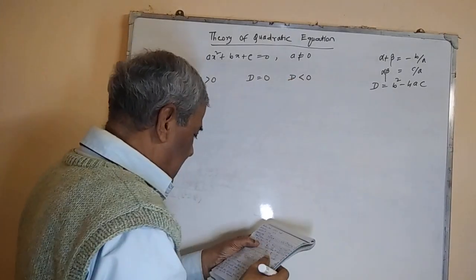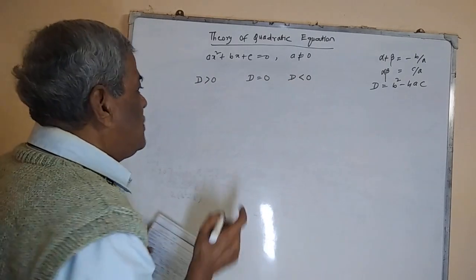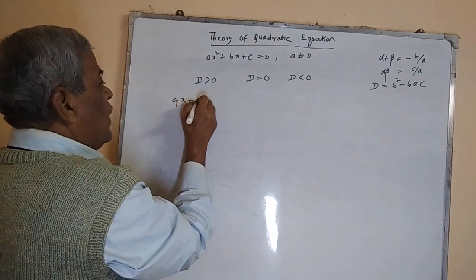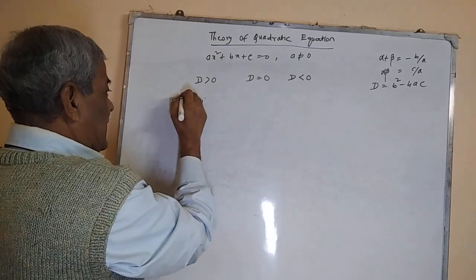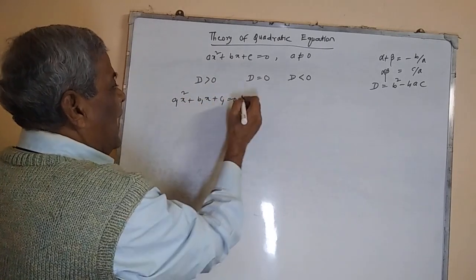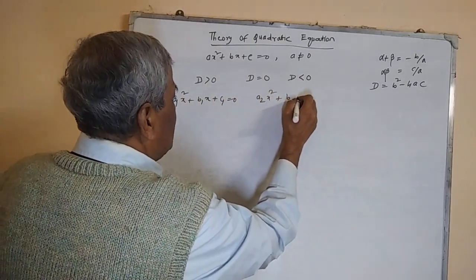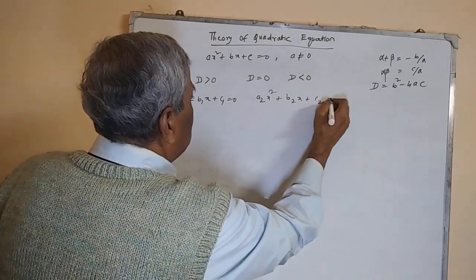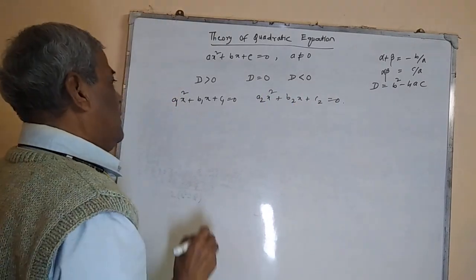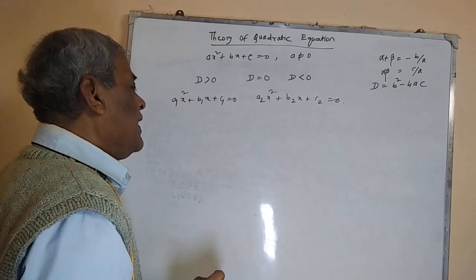Suppose a1x² + b1x + c1 = 0 and a2x² + b2x + c2 = 0 are two quadratic equations, with a1 not equal to 0 and a2 not equal to 0.